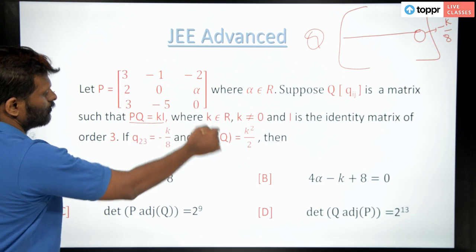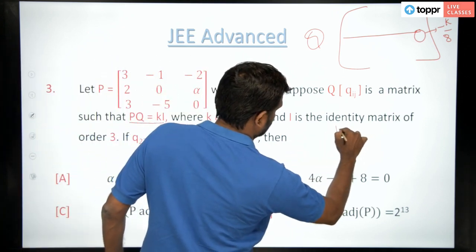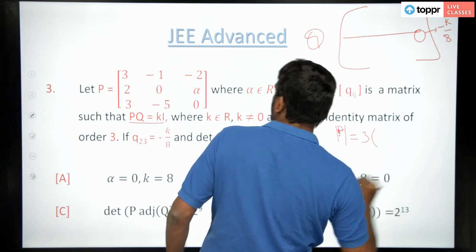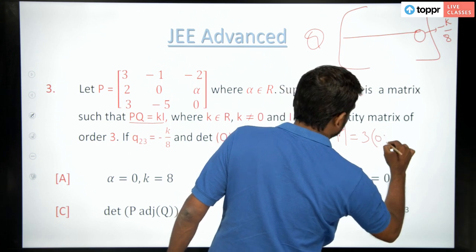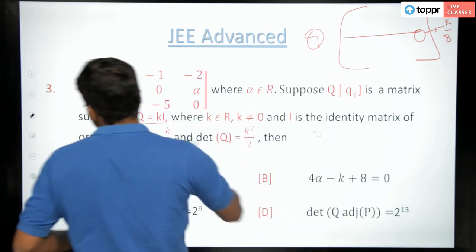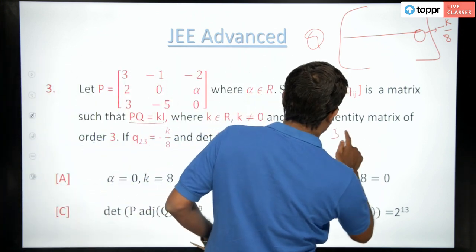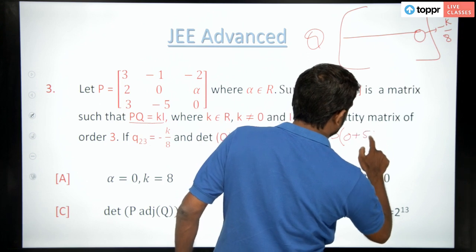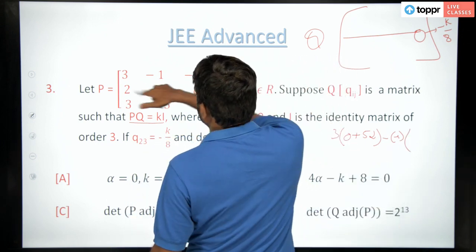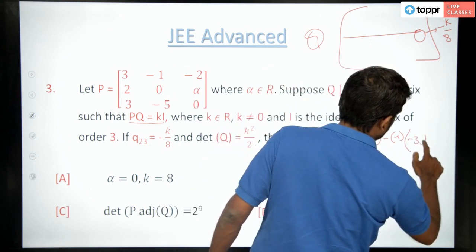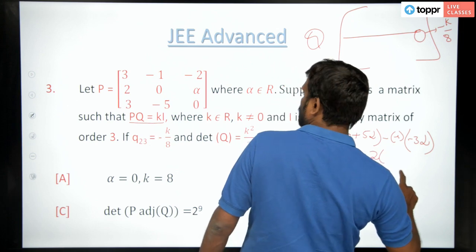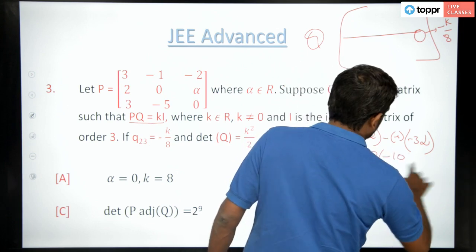If you calculate the determinant of P, let me calculate it here. It is equal to 3 times, you all know how to calculate, right, 3 times 0 plus 5 alpha, minus 1 times 0 minus 3 alpha, and plus 2 times minus 10, right.